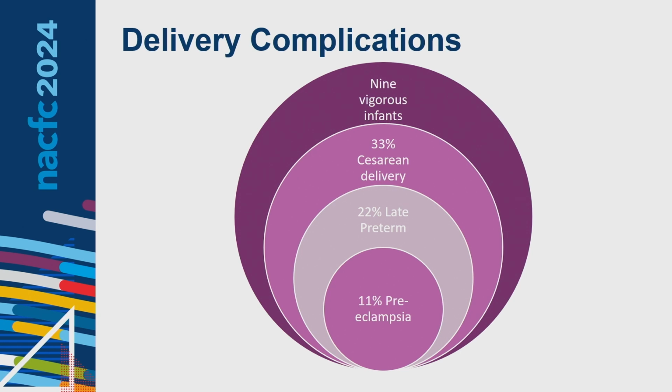There were no major delivery-related complications. 3 did require a cesarean delivery for a combination of factors, whether that was a breech or some indication of fetal distress. 2, again, were late preterm, and there was 1 pregnancy that was complicated by preeclampsia, which then resulted in a cesarean section delivery.